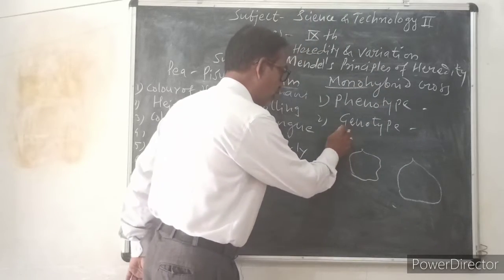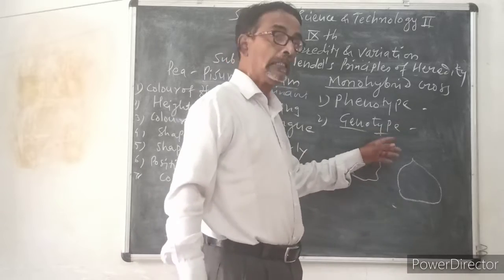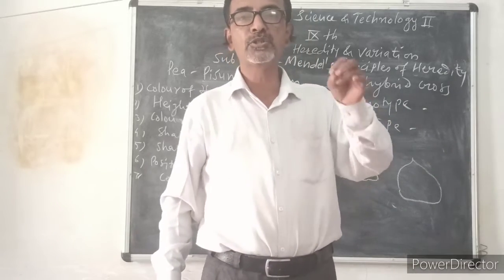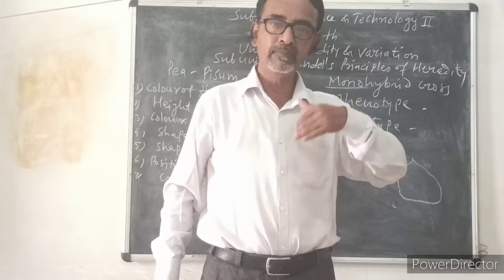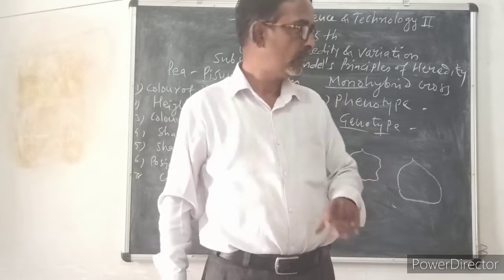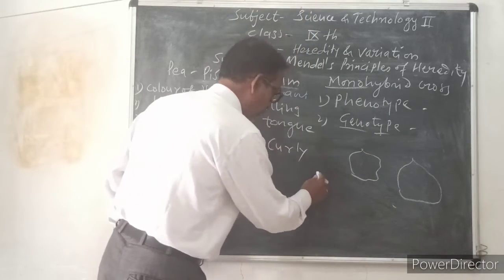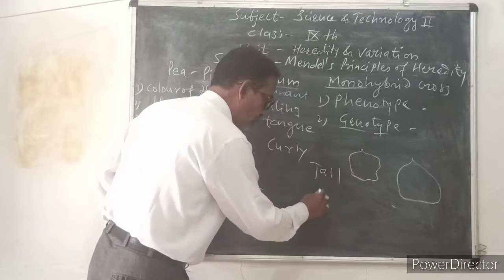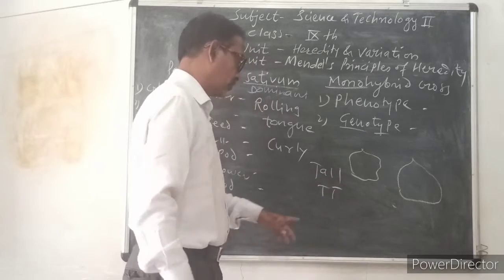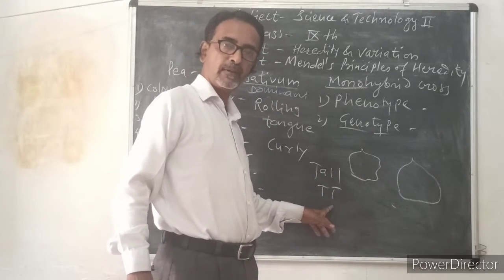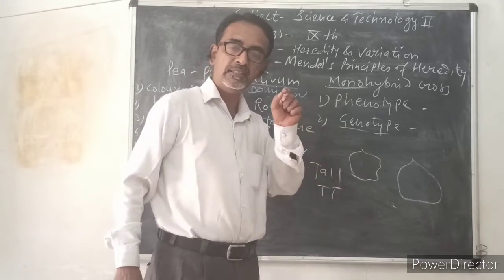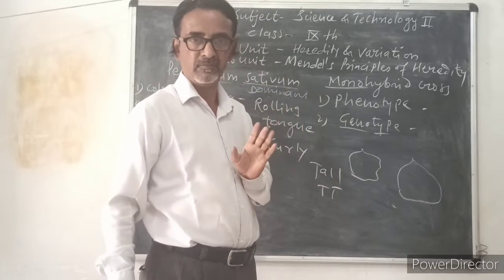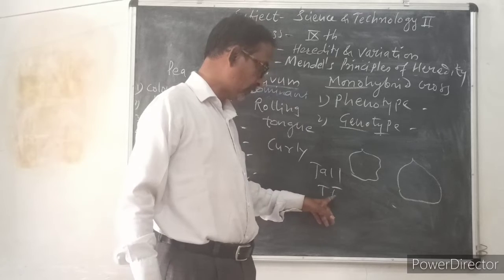Then second is genotype. Genotype is the genetical constitution of that organism. It may be a plant or it may be an animal. For example, a tall plant is shown by the genotype capital T, because genes are always in pairs and hence we have to write capital T in pairs.